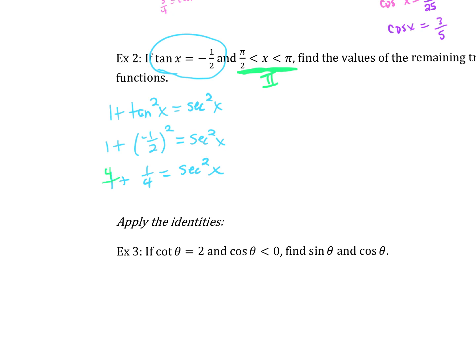I think you realize now why we were doing some of those basic math problems to begin with, just to help with some of this. Okay, so when we take the square root here, we get the square root of 5 over 2.